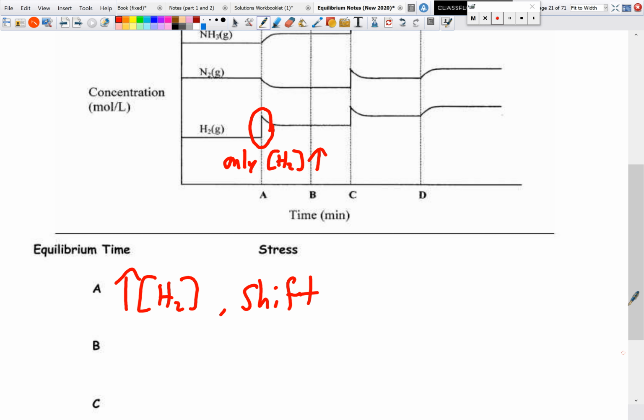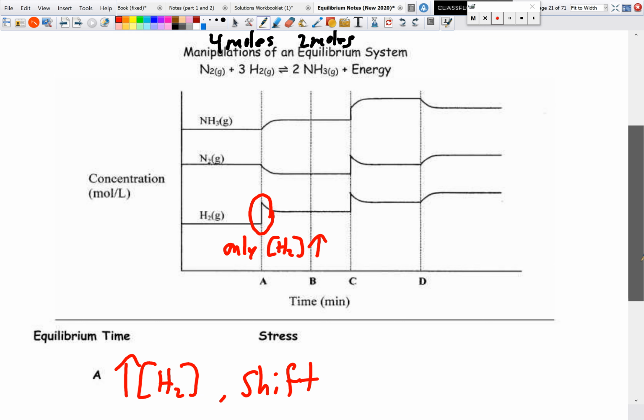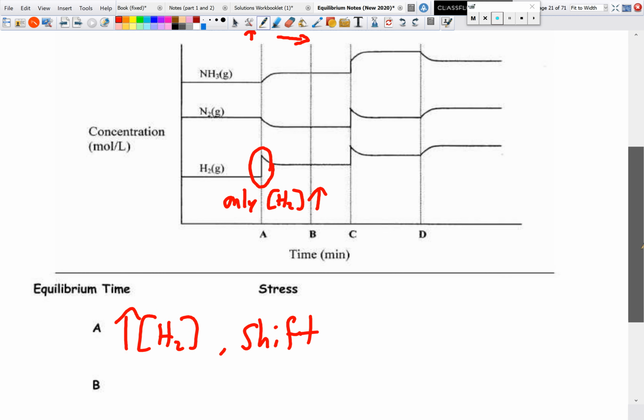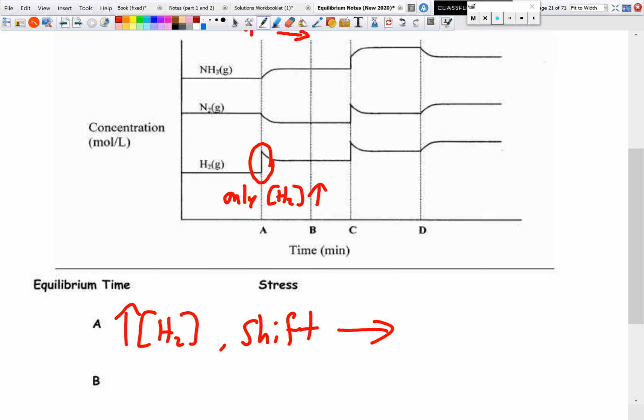Because it's increasing, it's going to shift to the opposite side, so an increase in H2 here is going to shift over here. This is why we see the concentration of ammonia starting to go up and equal out, and the concentration of nitrogen going down. It's because the nitrogen is getting used up, but more ammonia is being produced because of that shift to the right hand side. So you get a shift right.